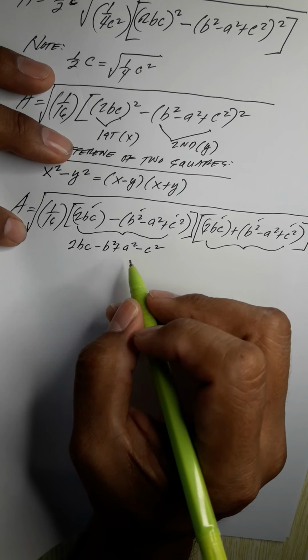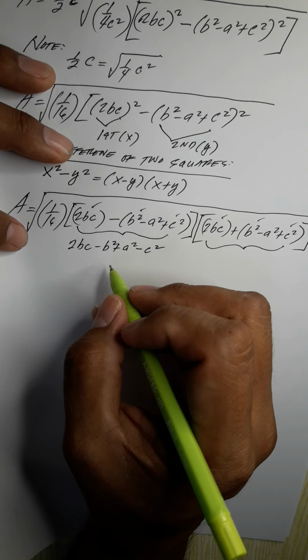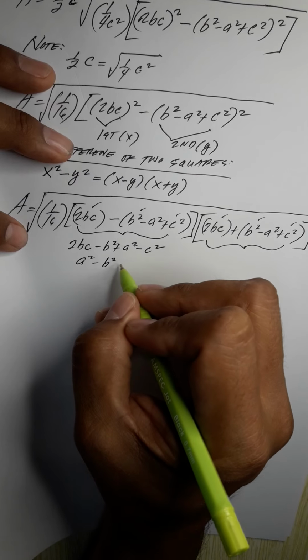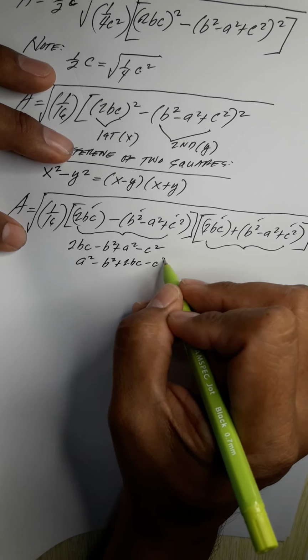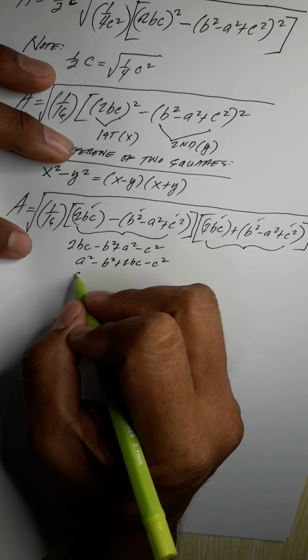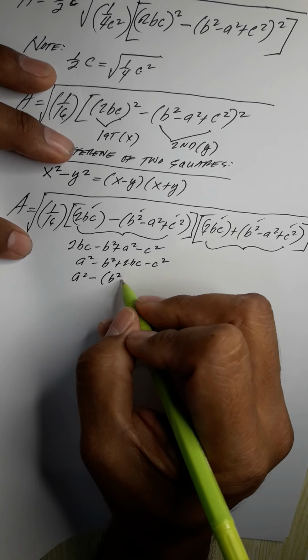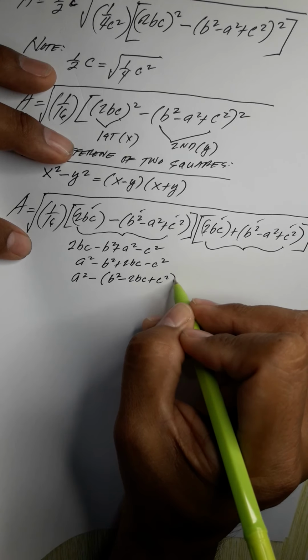We combine what we need to obtain the factoring. So a squared minus b squared plus 2bc minus c squared. Factor out the negative sign. So a squared minus b squared minus 2bc plus c squared.